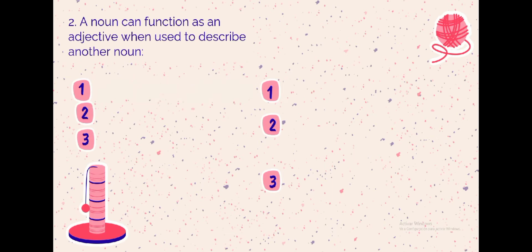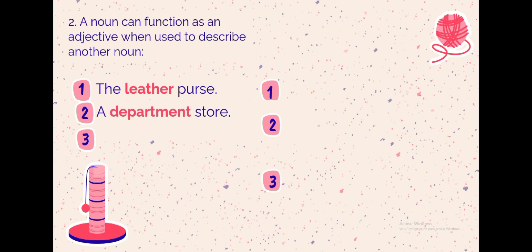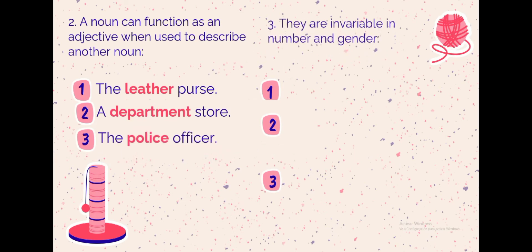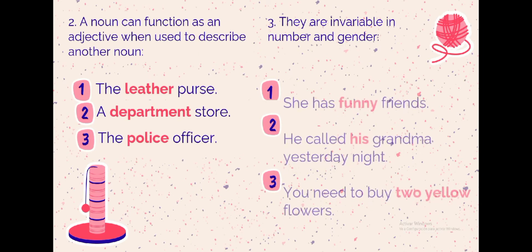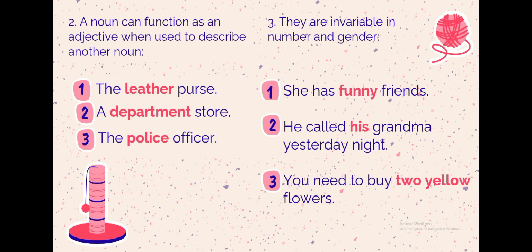Example: number 1, the later pulse; 2, a department store; and 3, the police officer. 3. They are invariable in number and gender. Example: he has funny friends. He called his grandma yesterday night. 3. You need to buy the yellow flowers.